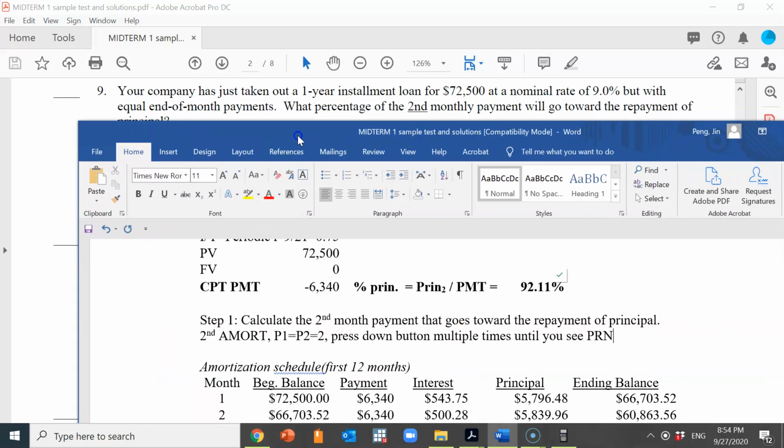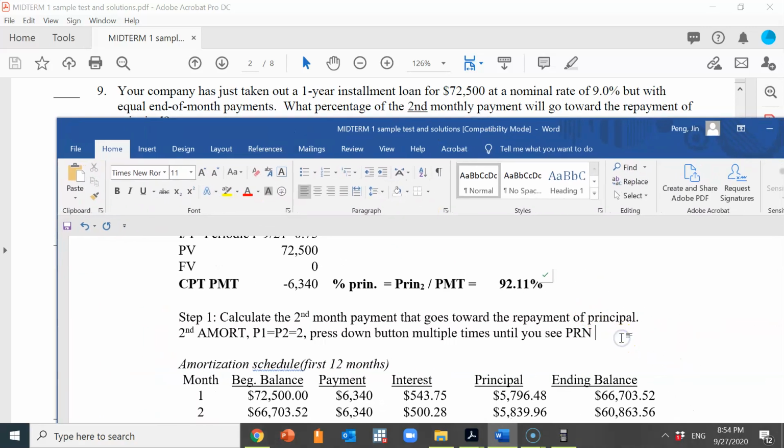It actually shows PRN, the principal, equals negative 5839.9557. That's going to be the repayment of principal in the second month. Second month repayment of principal is this much.